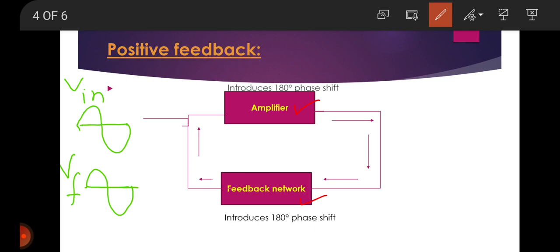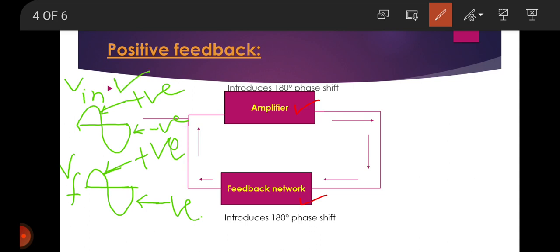So see here, this positive peak corresponds to this positive peak, and this negative peak corresponds to this negative peak. That means the input voltage and the feedback voltage are in phase.